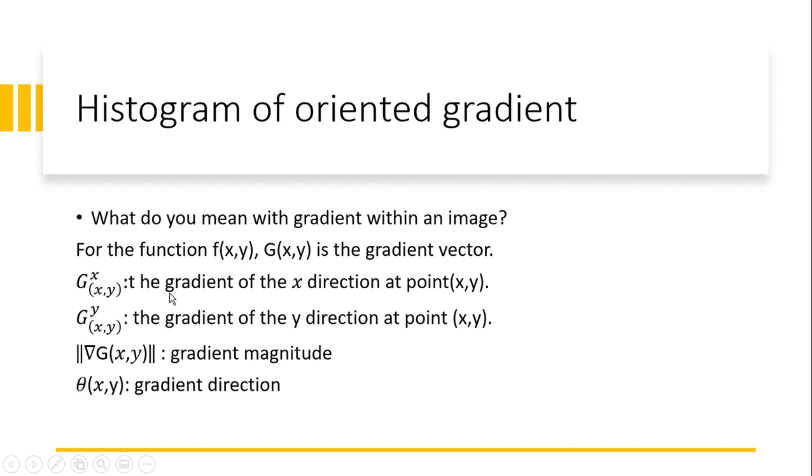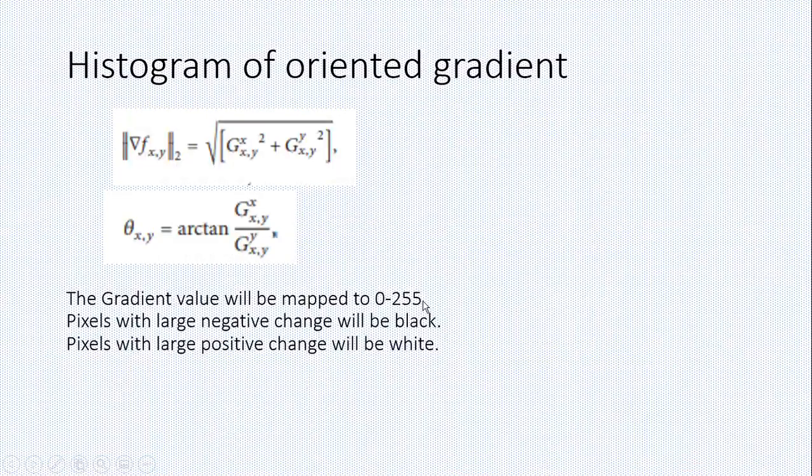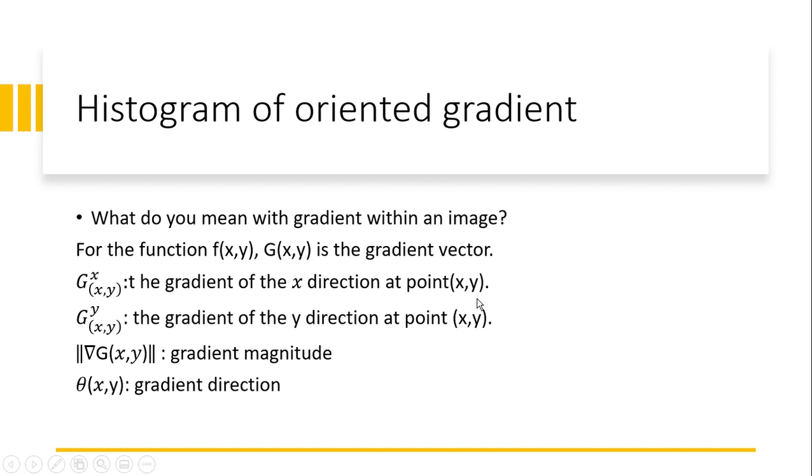We are going to find two types of gradients: gx of x, y, which represents the gradient in the x direction for each single point x and y, and gy of x, y, which represents the gradient in the y direction at the point x, y, for each single point on the picture or on the matrix.